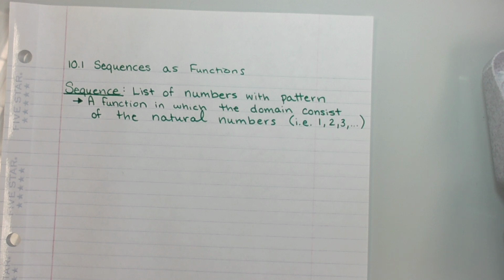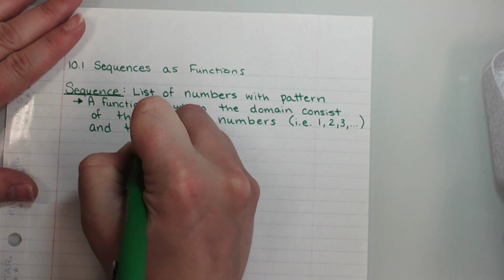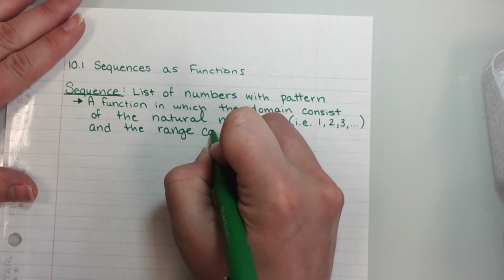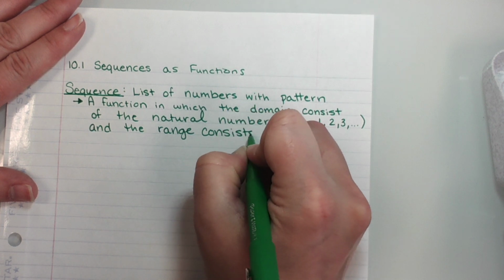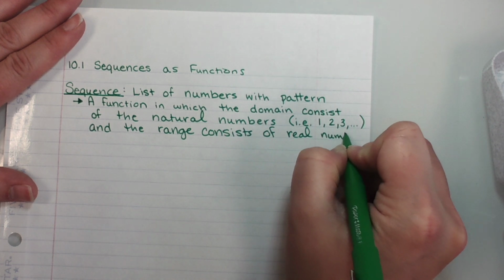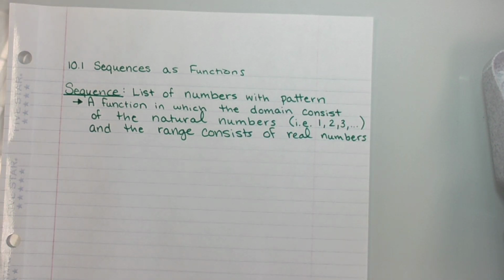If you don't have any trees, you don't say a number, you just say you don't have any. So, anyway, it's the numbers 1, 2, 3, etc. going on forever. And the range, the outputs, consists of real numbers. So the outputs can be any number that's real, it's just not going to include the imaginaries.